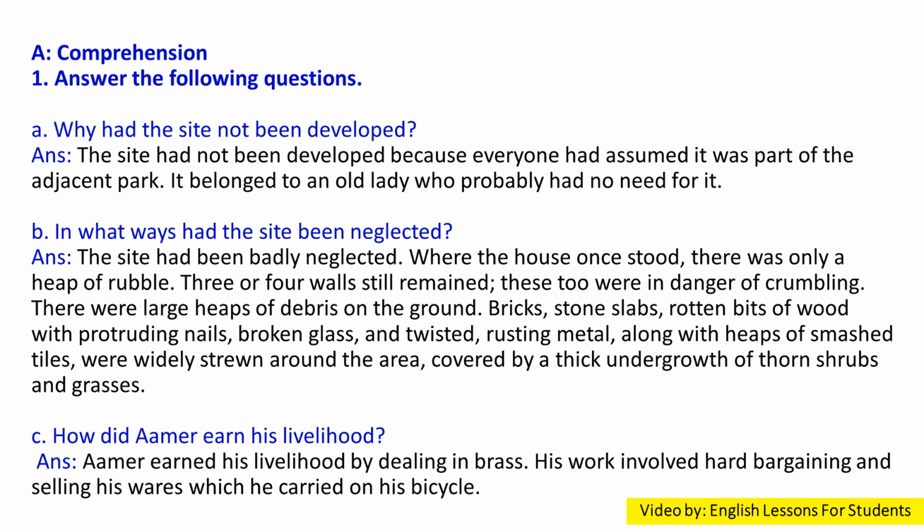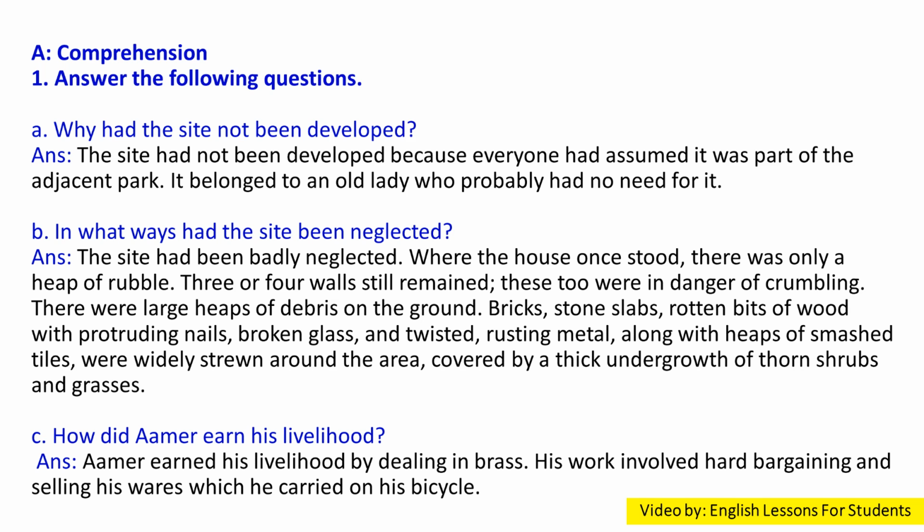There were large heaps of debris on the ground: bricks, stones, slabs, rotten bits of wood with protruding nails, broken glass, and twisted rusting metal, along with heaps of smashed tiles, were widely strewn around the area, covered by a thick undergrowth of thorn shrubs and grasses.